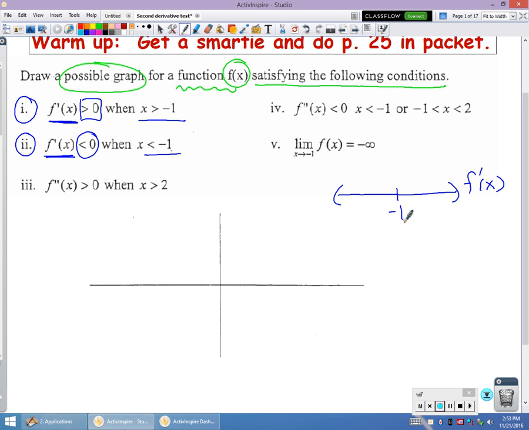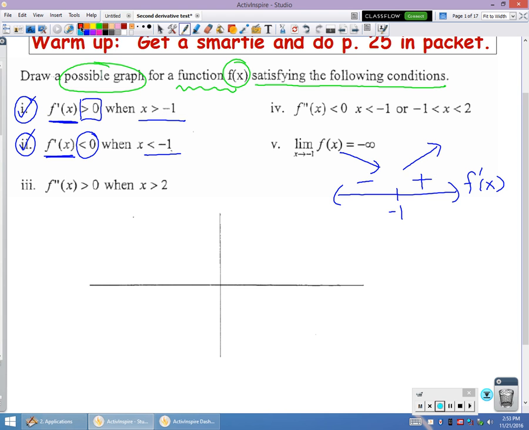To the right of -1, the first derivative is positive, indicating an increasing interval on the original function, which is what I'm trying to make a graph of. And the first derivative to the left of -1 is negative, indicating a decreasing interval on the original function. So I've taken that information out of symbols and into a number line.